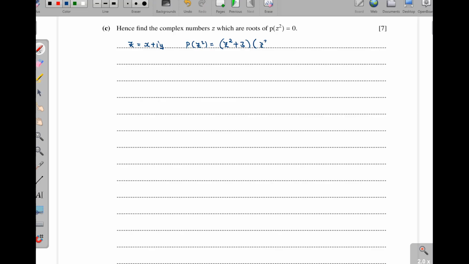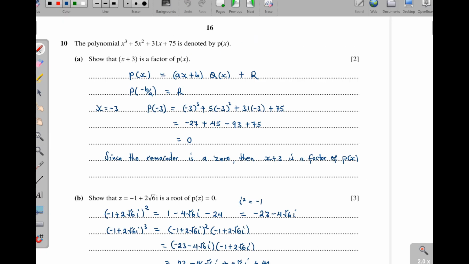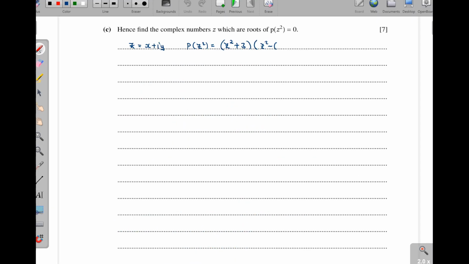So I will say z squared, then minus what? Let us look at what we are having here. This one is negative 1 plus 2 root of 6 i.